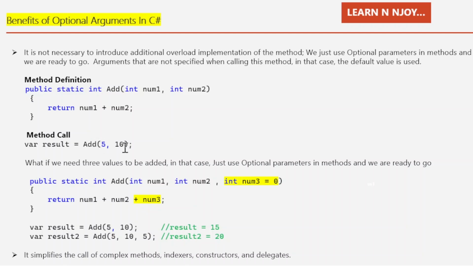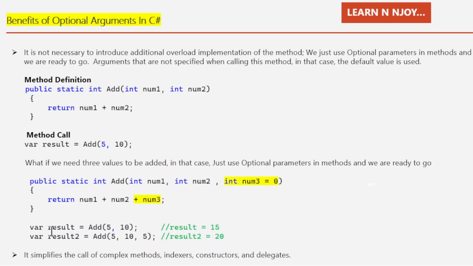This method call is still fine, because these are the two required parameters and we have already provided the required argument values, right? So 5 and 10 we have already passed, so that's okay. And num3 it is just going to consider as 0. Even though we are adding plus num3, it is not going to return a different result. It is just going to consider 5, 10 and plus 0. So it is just going to return 15 only.